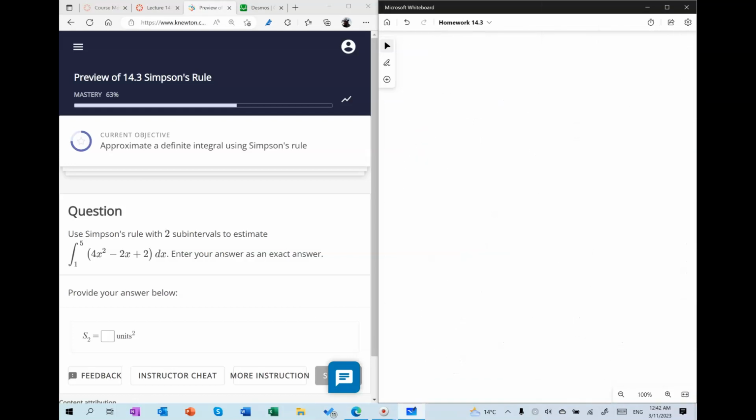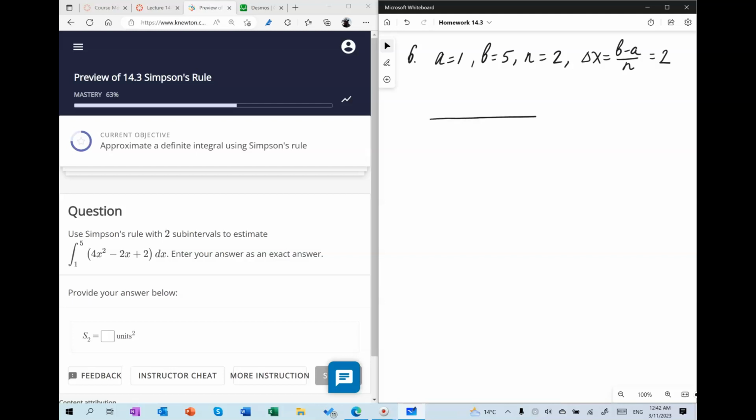Let's do another problem. A is 1, B is 5, N is 2, delta x is B minus A over N, which is 2.